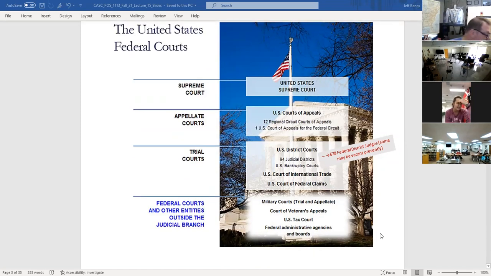So those are the several types of courts that are detailed on pages 546 all the way through 552.